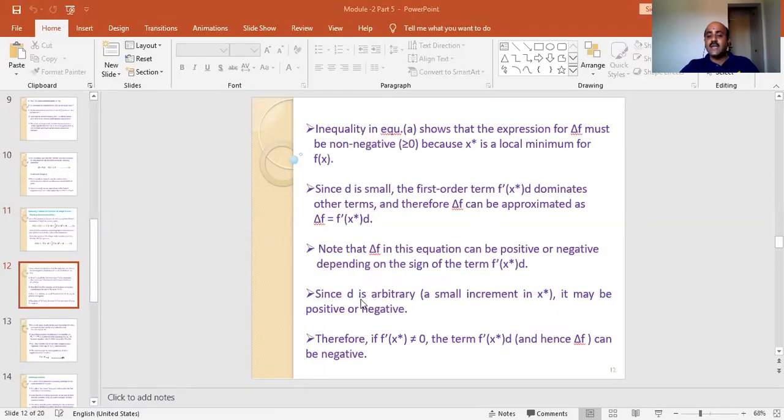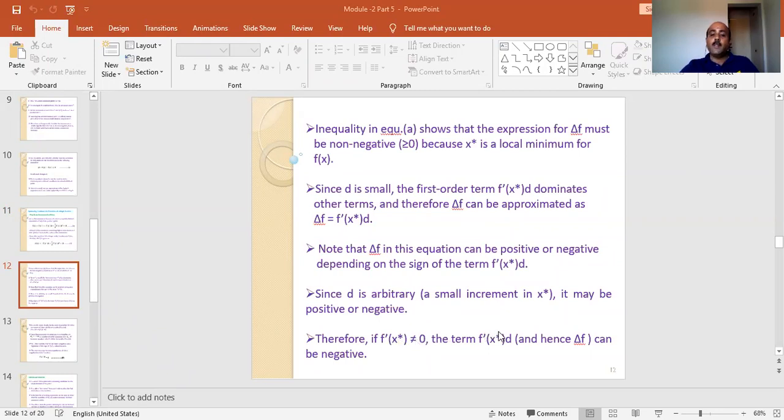Since d is an arbitrary small increment in x star, it might be positive or negative. We don't know, because it is an arbitrary value.